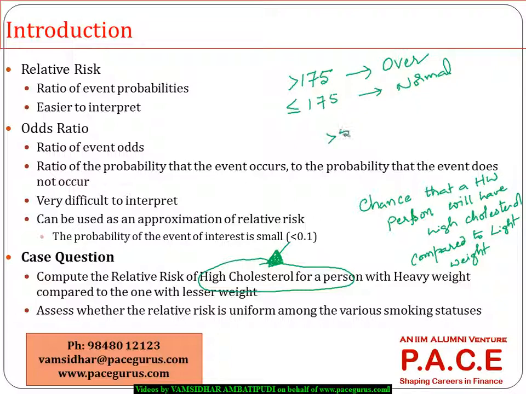Similarly, any cholesterol greater than 500 I'll call high, and anything less than or equal to 500 I'll call normal. So these are the categories I would define.